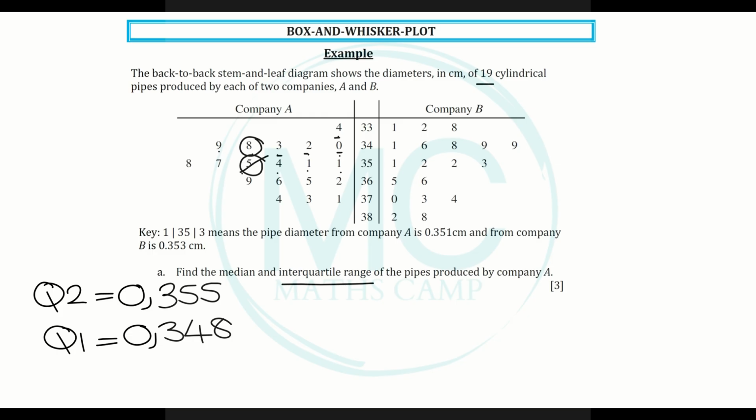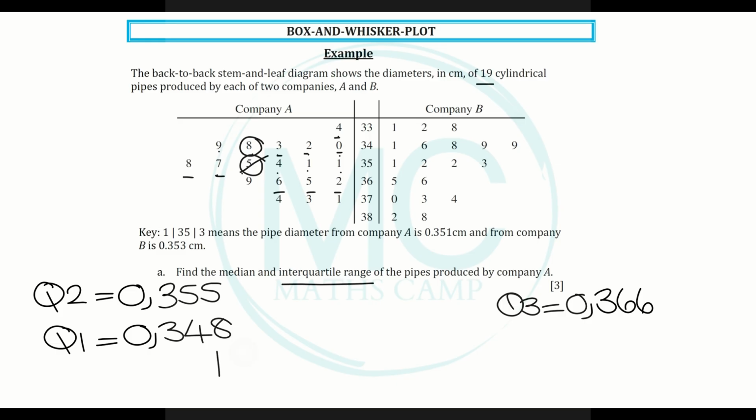Now let's find the upper quartile, Q3. It starts after the median, and we count 5 units. 1, 2, 3, 4, 5. So we can see that Q3, I'm going to write this over here, is equal to 0,366. To find the interquartile range, we find the difference between Q1 and Q3.